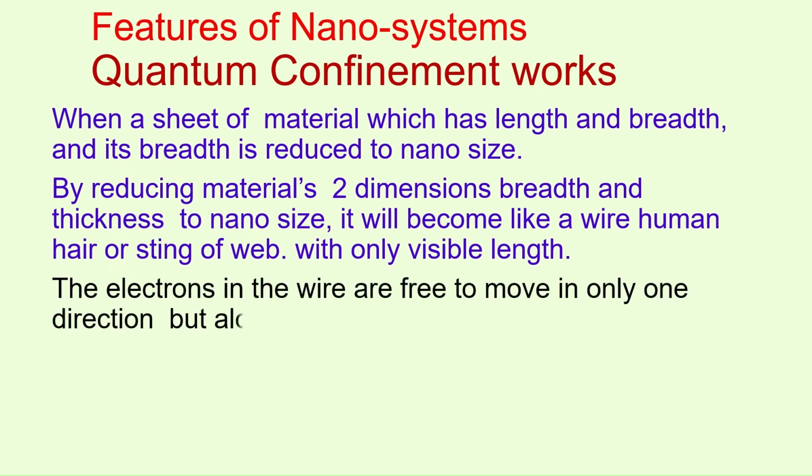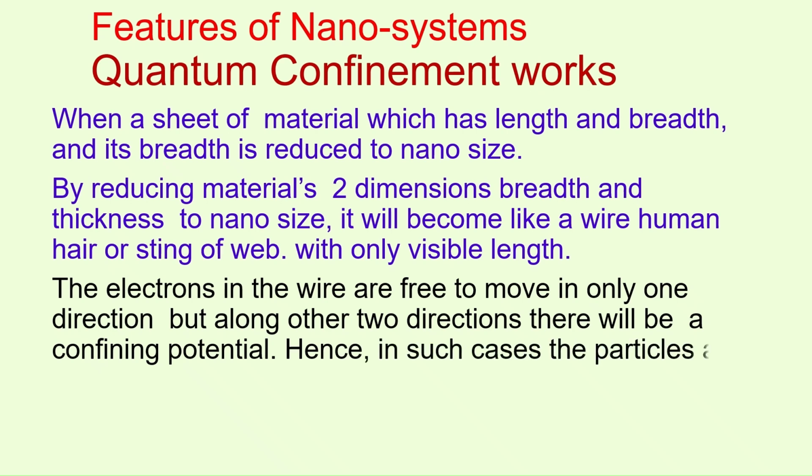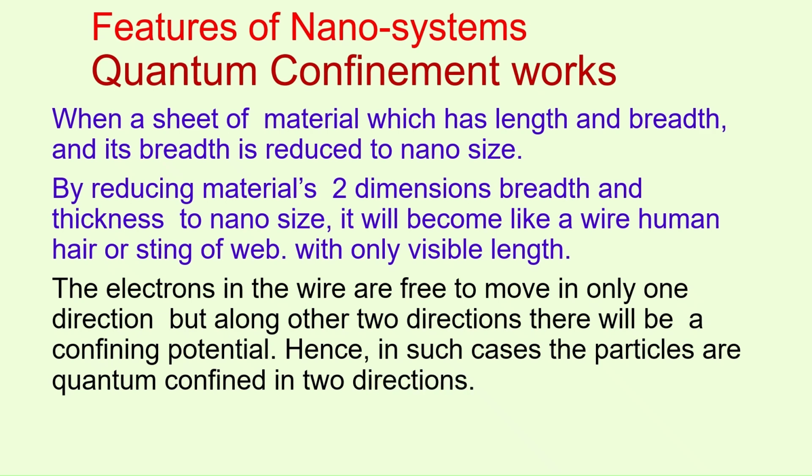The electrons in the wire are free to move in only one direction, but along the other two directions there will be a confining potential. Hence, in such cases the particles are quantum confined in two directions. It is referred to as a quantum wire.